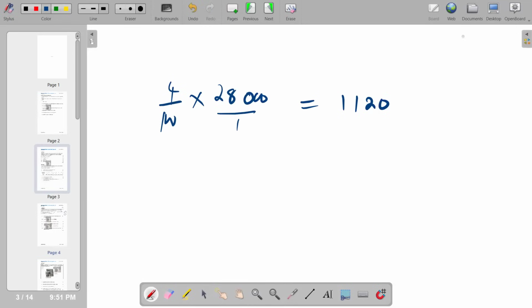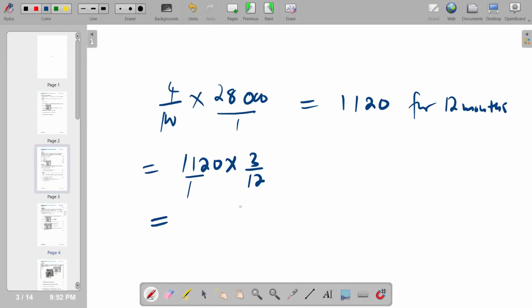Of course, this is for 1 year, or we can just say for 12 months. Then to reduce it to 3 months, we say 1,120 times 3 over 12. You calculate it, you get 208. So 208 is now for 3 months.